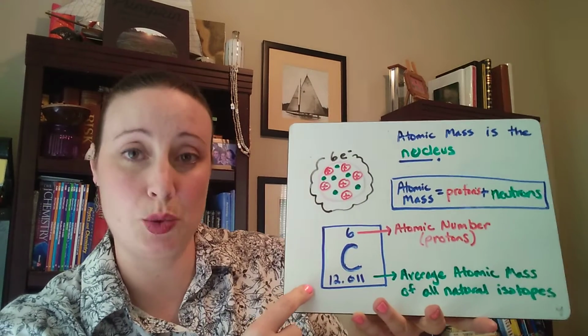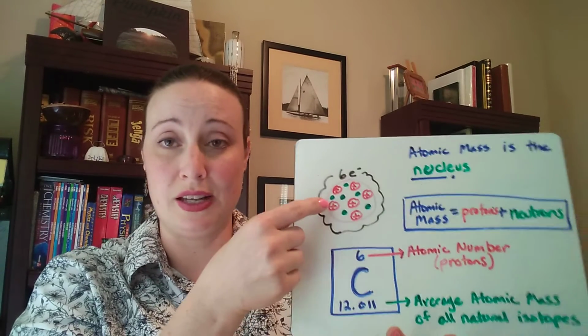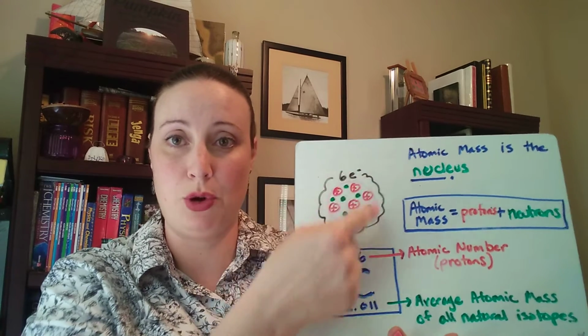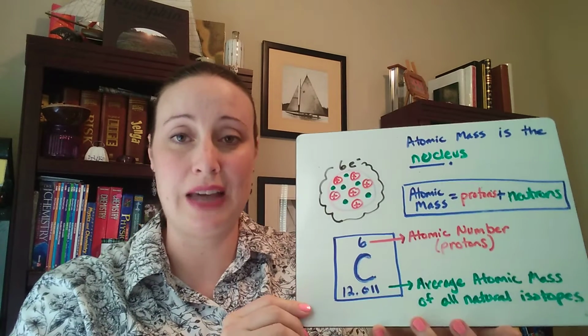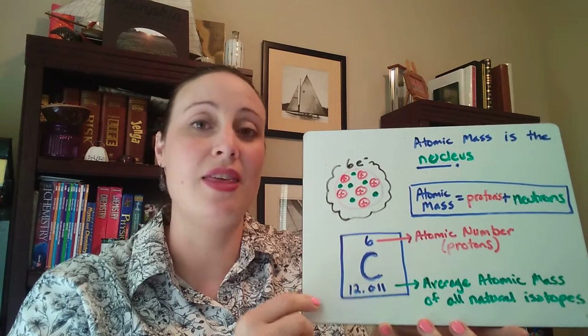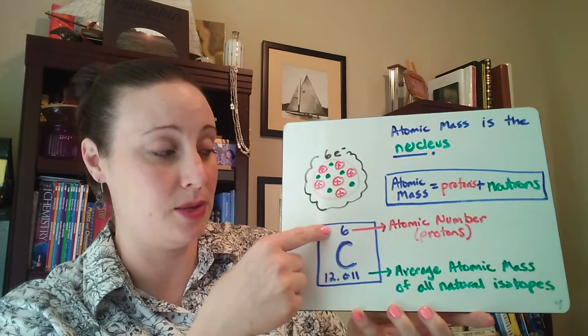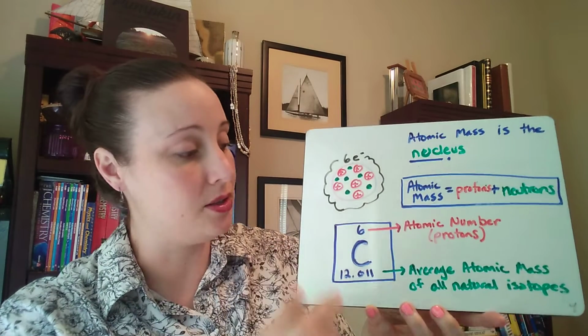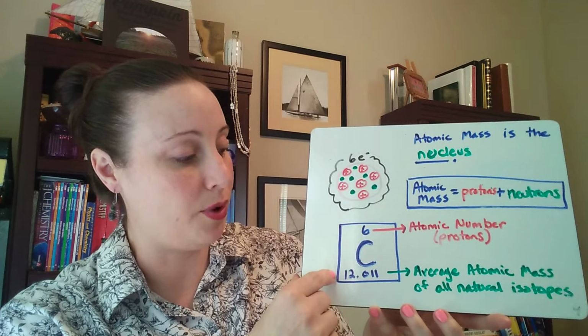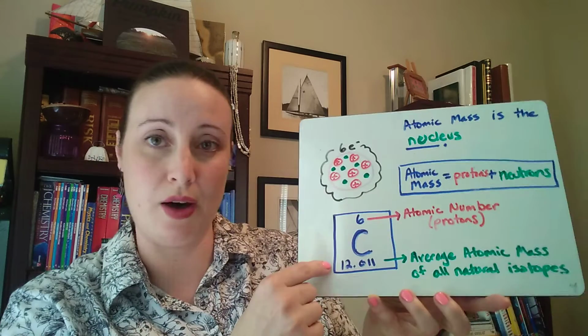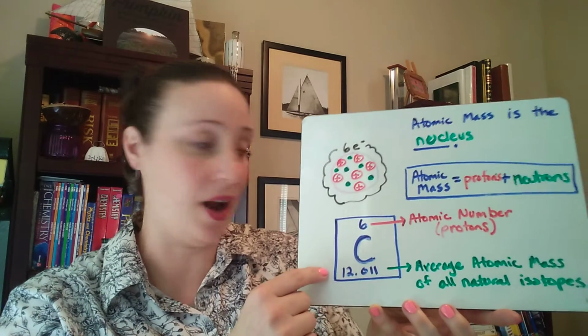So its nucleus has 12 particles, which would be the 6 protons and the 6 neutrons that we drew up here. But occasionally we get a type or an isotope of carbon that has more than 6 neutrons. Remember, it can't have more than 6 protons because then it wouldn't be carbon. So that's why the number here is a little bit higher than 12. And we're going to talk now about what isotopes are.